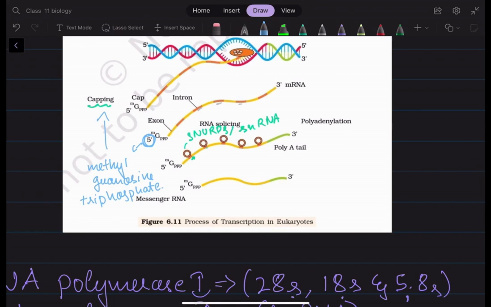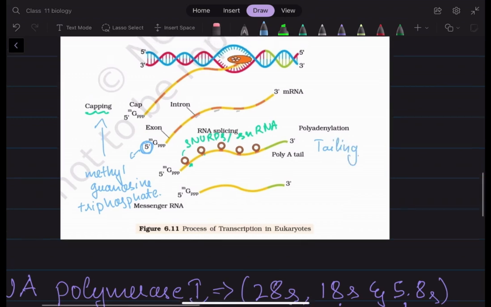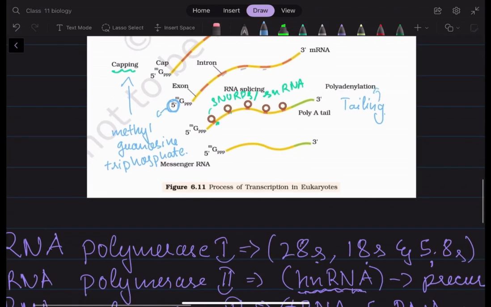Another process is tailing, or we can also refer to this as polyadenylation. In this process, some 200 to 300 adenylate residues are added at the 3' end of the hnRNA. So this completes the formation of our mRNA.